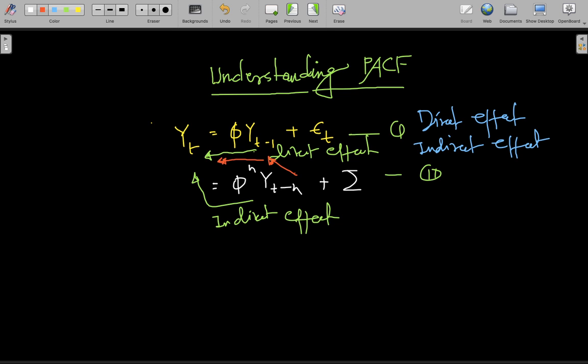Let me explain PACF with the corresponding mathematical notation. PACF could be explained in two ways. One is by using the conditional correlation coefficient, and the second is by regression.